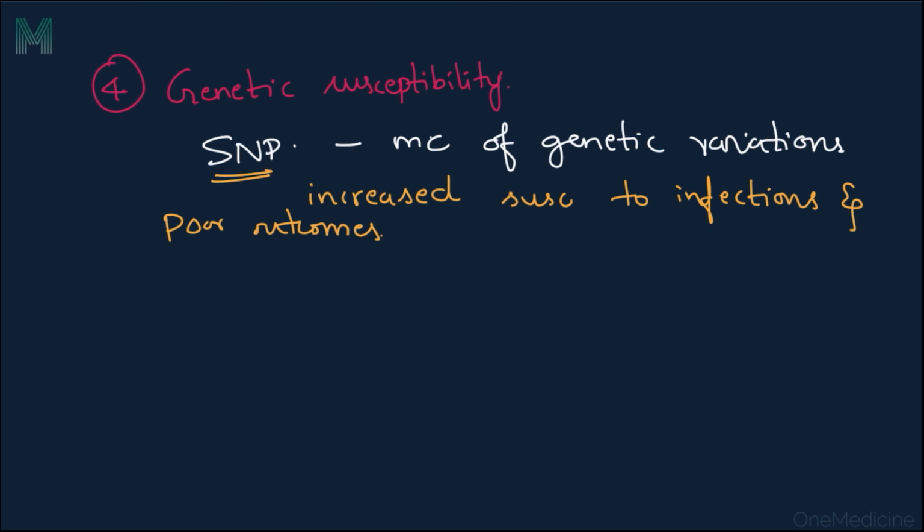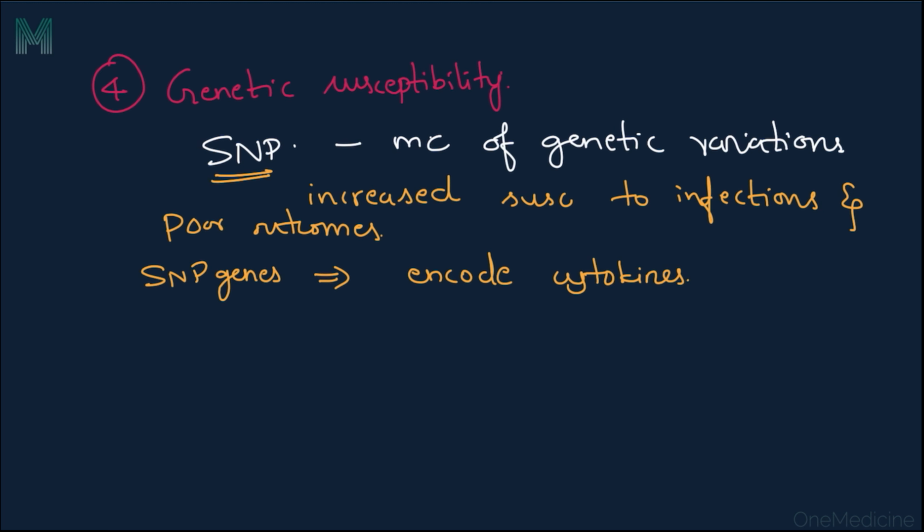Some examples of these SNP genes include the ones that encode cytokines such as TNF, lymphotoxin alpha, interleukin 10, interleukin 18, interleukin 1 receptor antagonist, interleukin 6 and interferon gamma.